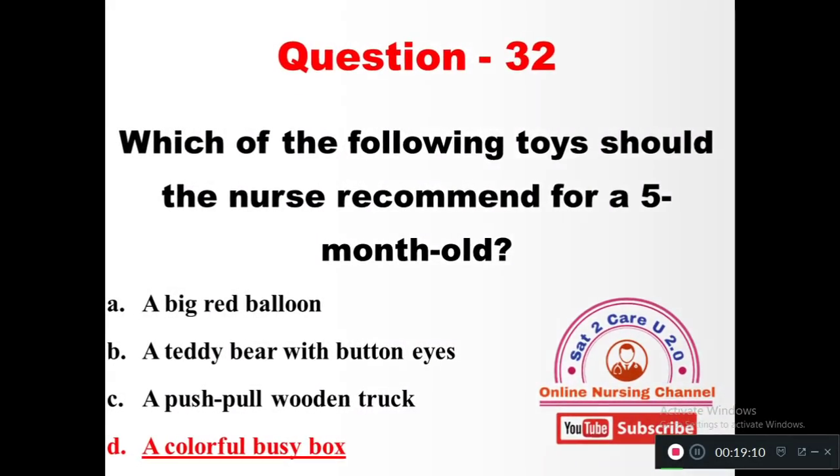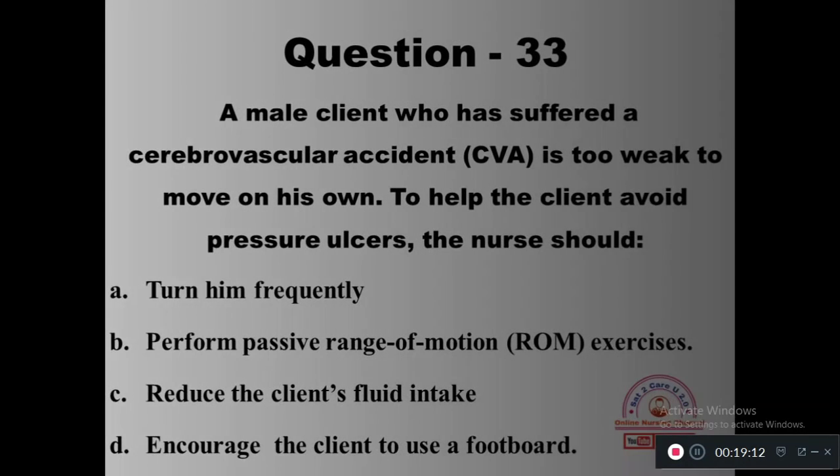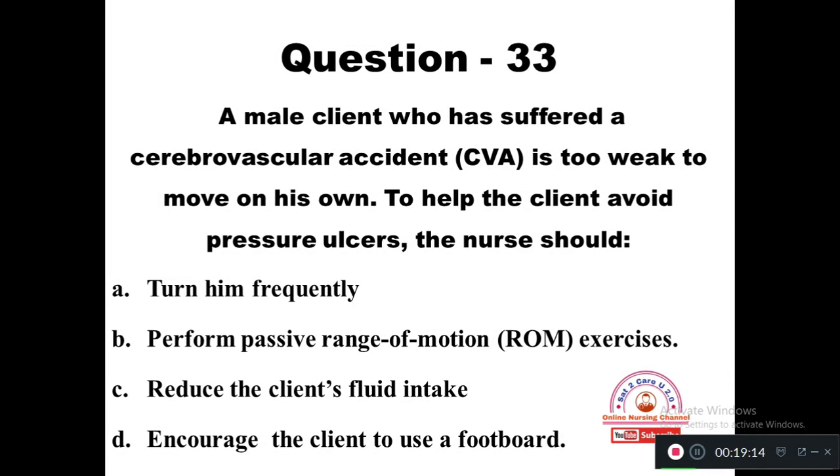Question number 33. A male client who has suffered a cerebrovascular accident is too weak to move on his own. To help the client avoid pressure ulcers, the nurse should option A, turn him frequently.